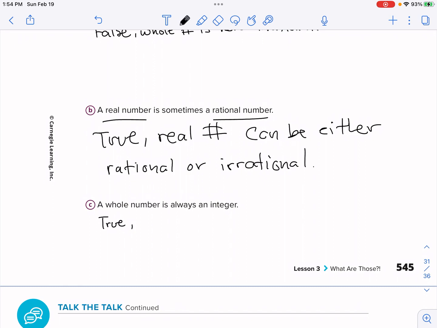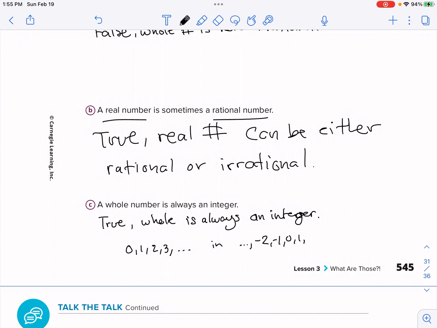A whole number is always an integer, because whole numbers are the list 0, 1, 2, 3. That's always going to be a part of the integers, which is the list ellipses, -2, -1, 0, 1, 2, 3. That's always going to be a part of this bigger list here.